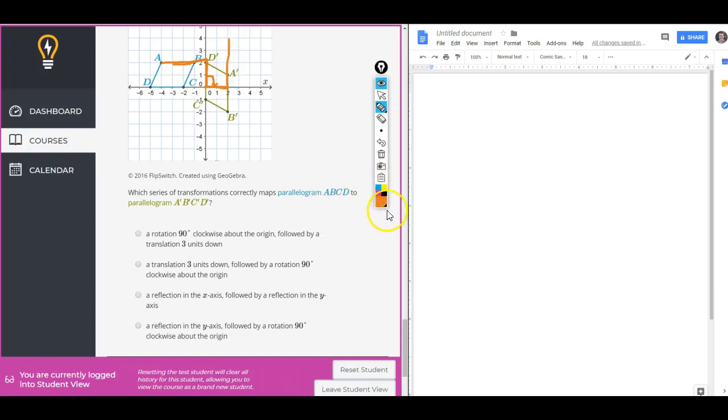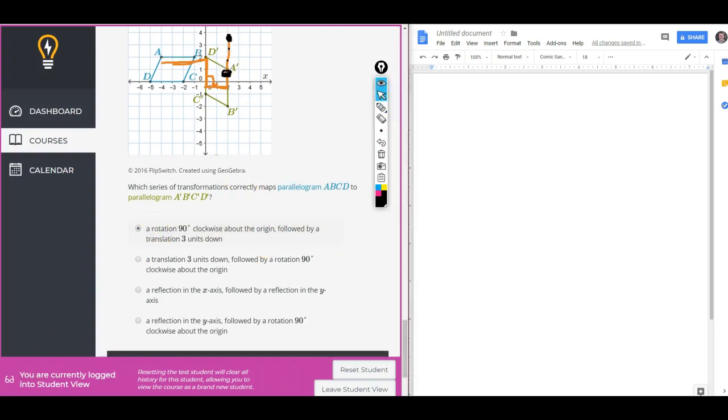So that is where A prime would be. I'm actually going to just check, since I know that rotations are rigid transformations, which means that the side lengths and the angles of this whole shape would be the same. So I'm going to just check A prime followed by a translation 3 units down. 1, 2, 3. It matches up. Since it is a rigid transformation, I wouldn't have to check anymore. And that is our option.